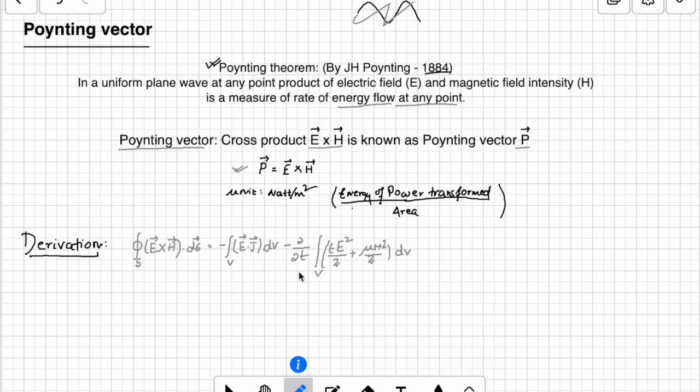So this is what we are going to prove, but before that I would like to tell you what these terms are. The first term is what we have already defined as the Poynting vector. Let me write it down. This is the rate of energy flow per unit area.